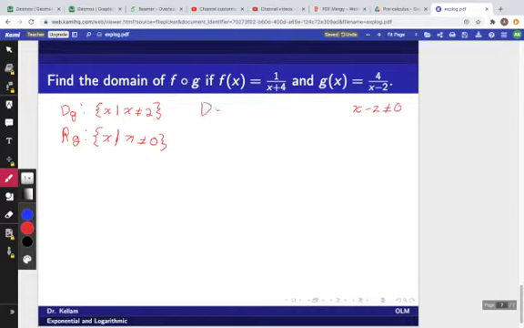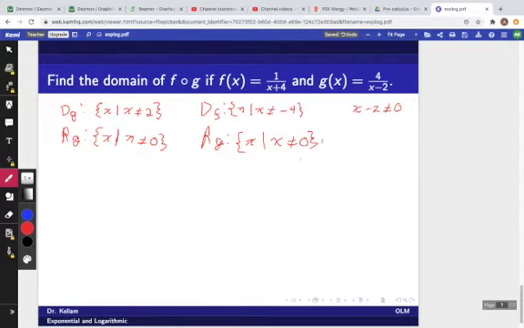The domain of f is all real numbers such that x does not equal negative 4, using similar logic. And the range of g is x such that x cannot equal 0. Okay.